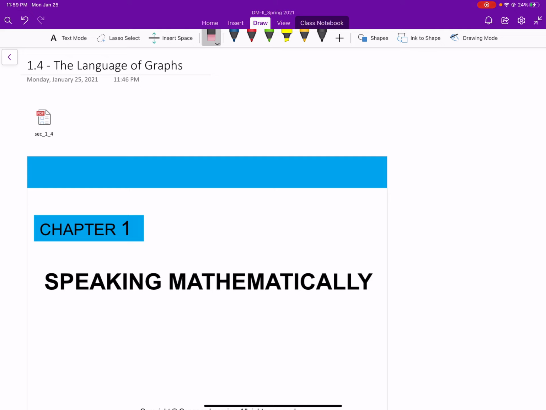In the first chapter in this class, the 10th chapter of the textbook, we are going to cover six sections, that goes like 10.1, 10.2, 10.3, up to 10.6. This section is 1.4, which is kind of an introduction to graphs. So here we learn some technical information about graphs as the introduction. All right, so let's go forward.